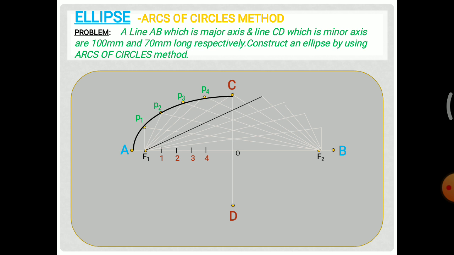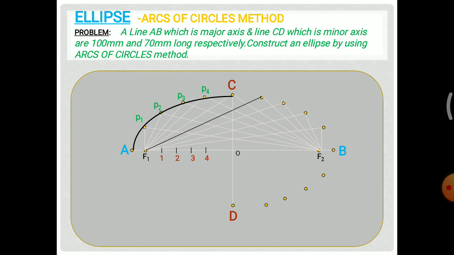Take the same procedure for the other end also, that is from the B end. So take B1, B2, B3, B4 as well and F2 as center. Draw these lines and cut those points from the A side.